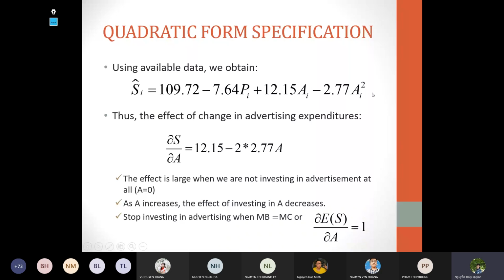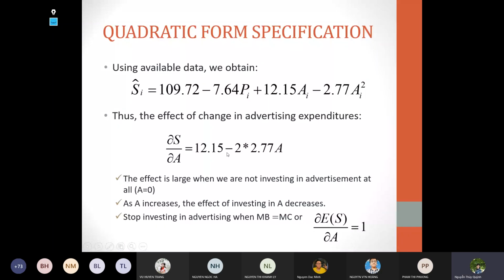For this estimated model, the marginal effect of advertising on sale is 12.15 minus 2 times 2.77 times A.